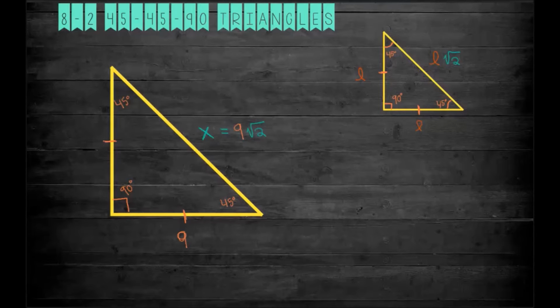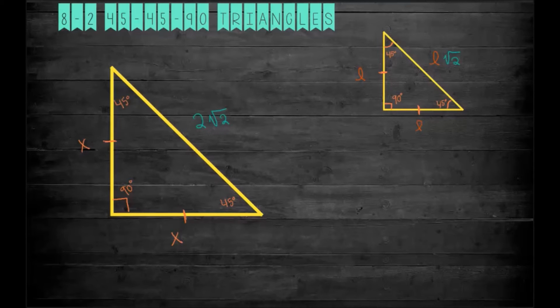Alright, well, let's try something slightly different. Let's say that they tell us that the length of our hypotenuse is going to be 2 square root of 2, and we want to figure out the length of the sides here, which both are x.